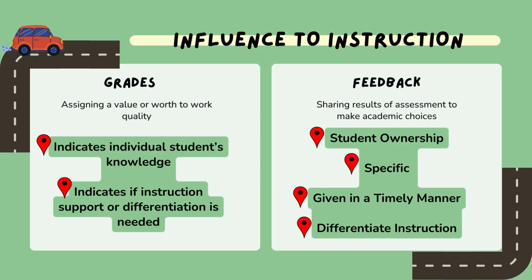Two ways formative assessment can influence instruction is by grading and student-teacher feedback. Grading is simply assigning a value or worth to work quality. Grading allows teachers to see trends in specific students' understanding and progress towards learning targets.